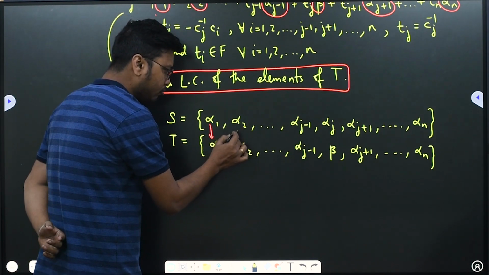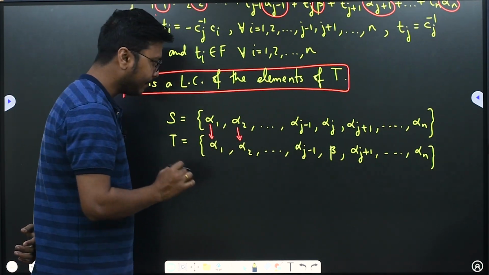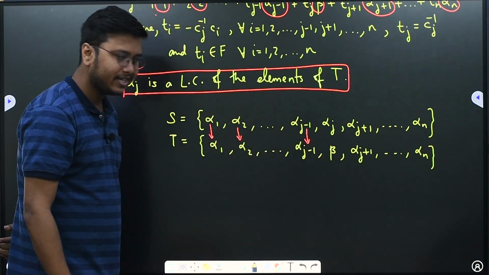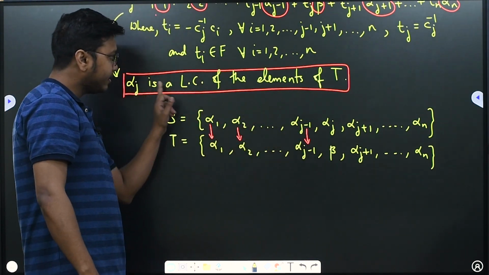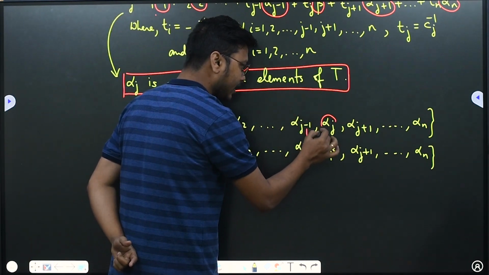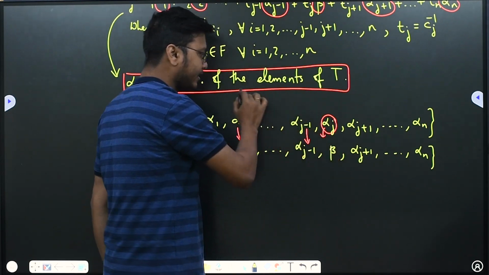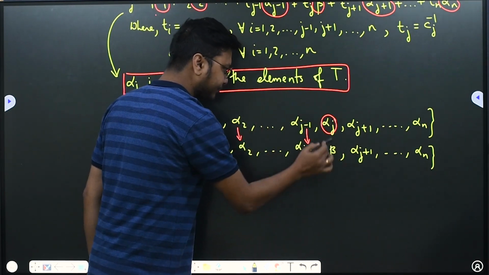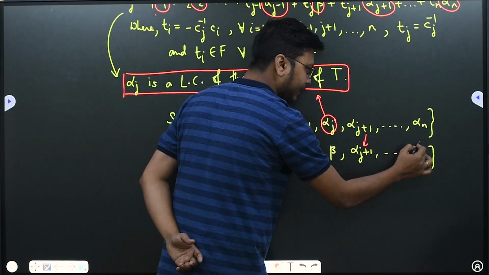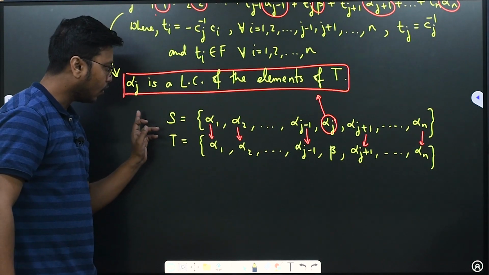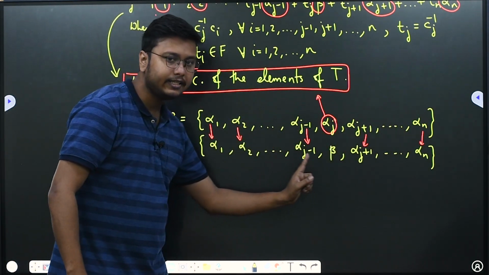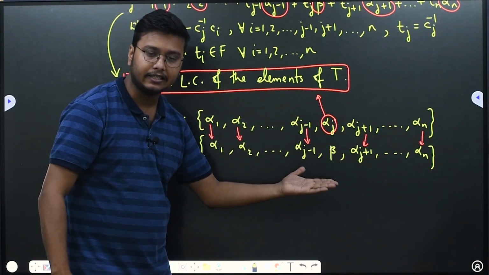Similarly, alpha 2 is a linear combination of the elements of T. Alpha j minus 1 is a linear combination of the elements of T. Alpha j is a linear combination of the elements of T, that I have already proved over here. Then alpha j plus 1 is again present here, alpha n is present here. So you can see all the elements of S can be expressed as a linear combination of the elements of T, right?